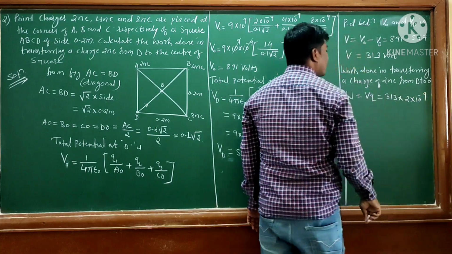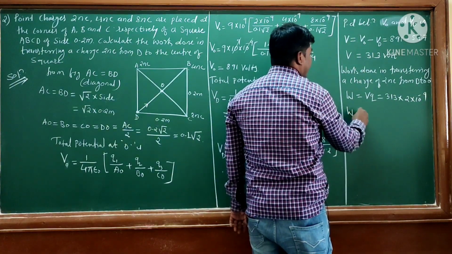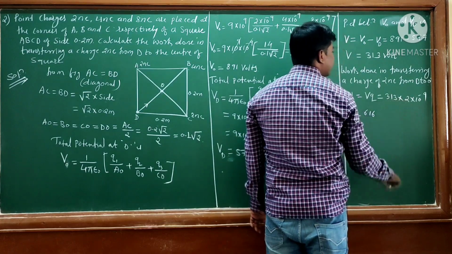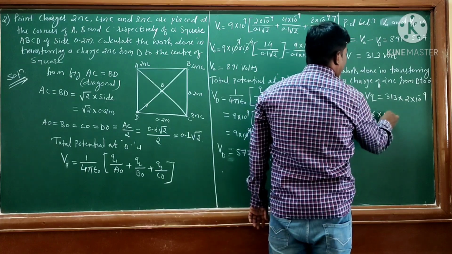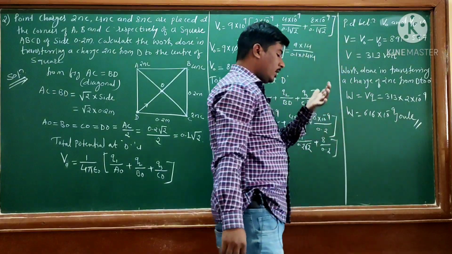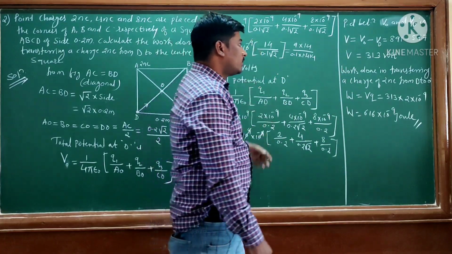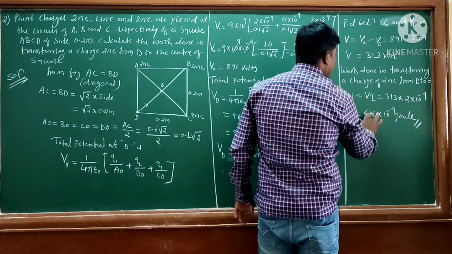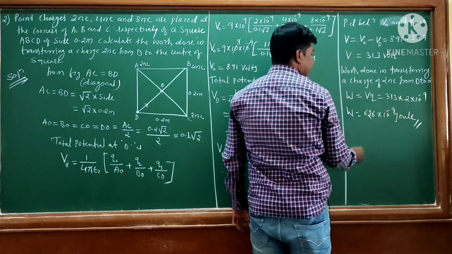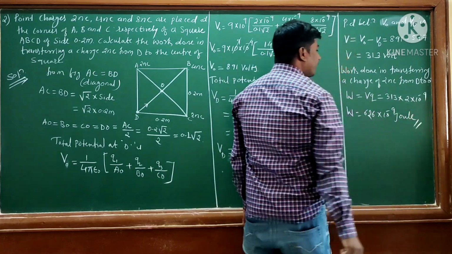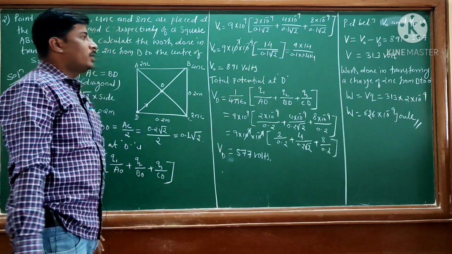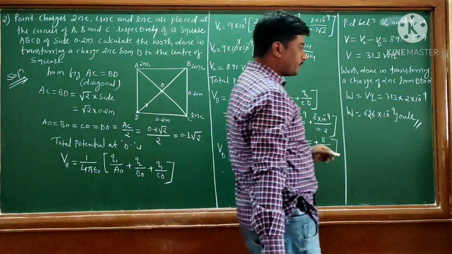We can calculate that, it is 626 into 10 to the power minus 9 joule. This is the work done in transferring a charge of 2 nanocoulomb from D to O.